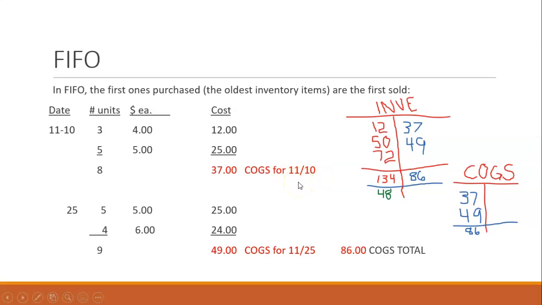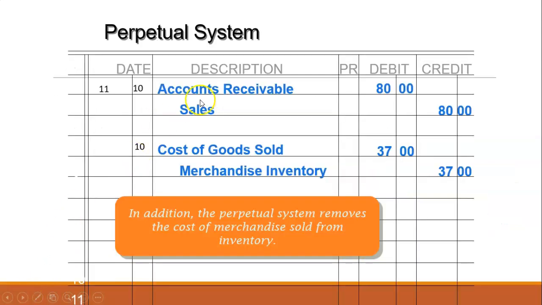Now, if we take a look at the journal entry that we do, here's our sales part of the journal entry on November 10th. We're debiting accounts receivable, or cash if we receive cash, for the $80. And we're crediting sales for the $80. That's the 8 units, and we sold them for $10 a piece to the customer.